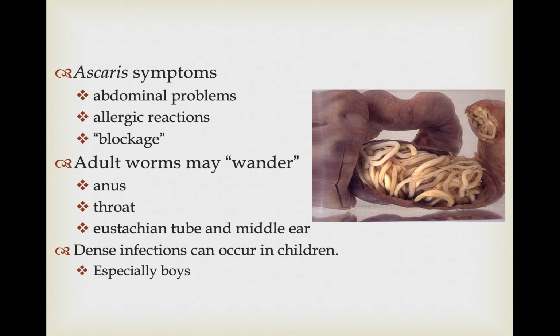So it's almost like they missed that road trip they took as juveniles, and they'll crawl to different parts of the body out of the intestine. Sometimes they go south and can peek out of the anus. Sometimes they'll actually crawl up an individual's throat. And sometimes they'll actually, while passing through the throat, they'll pass through the eustachian tube into the middle ear. And again, sometimes these infections can be pretty dense, particularly in children, and especially boys.